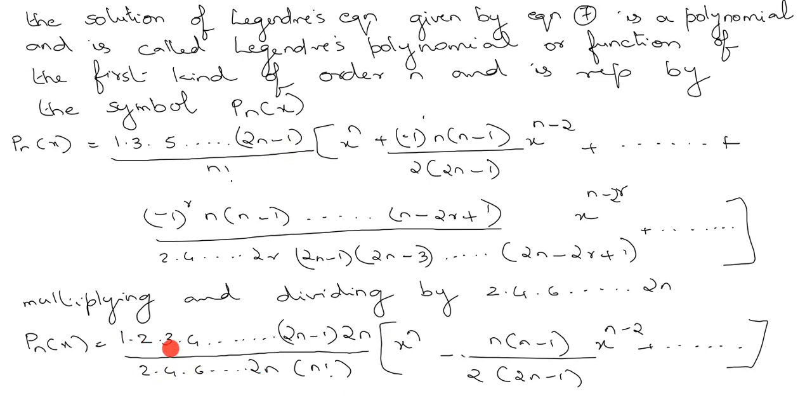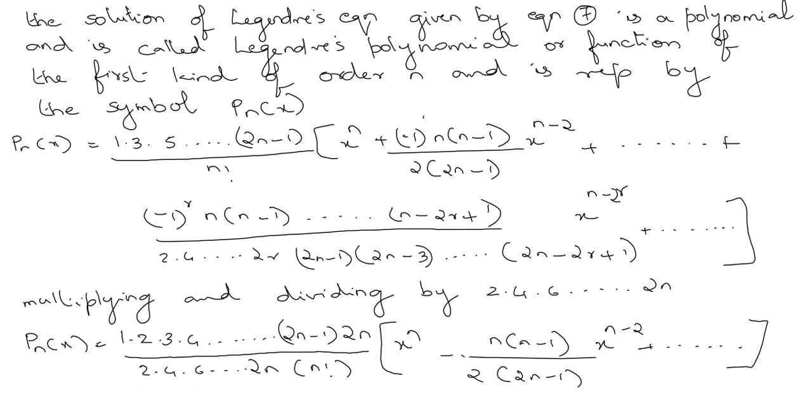Now 1 into 2 into 3 into 4 etc. to n minus 1 into 2n is 2n factorial, and from this term you can take 2 common, so this can be written as 1 into 2, this is 2 into 2, this is 2 into 3, etc., 2 into n.